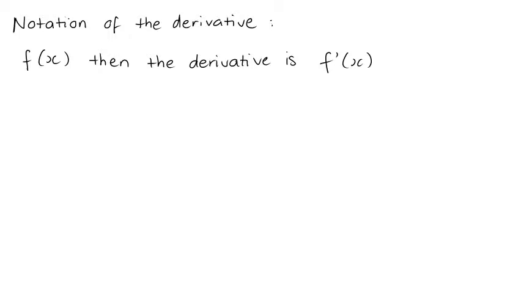If your function is in the form of y, so like y equals 2x plus 3, then the derivative will be found by dy dx. So I'll say y in terms of x, i.e. y equals 2x plus 3.